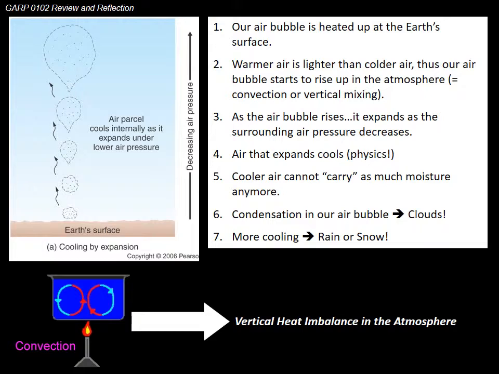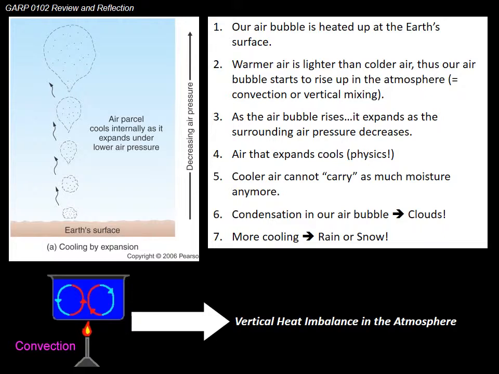Again, we'll look at the details. As that bubble rises, it expands. As it expands, it cools. That's one of those laws of physics. As it cools, it becomes saturated with moisture. You get condensation, and our air bubble condenses into a cloud. And then, if that continues, that cloud starts to produce rain or snow.